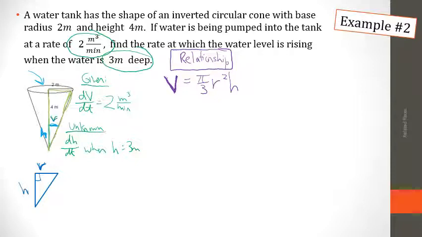The only problem is we don't know dr/dt. We don't know the rate at which the radius is changing. All we know is the rate at which the height is changing. Well, actually, that's what we have to find, right? So is there another relationship where we can find the radius in terms of the height, or vice versa?